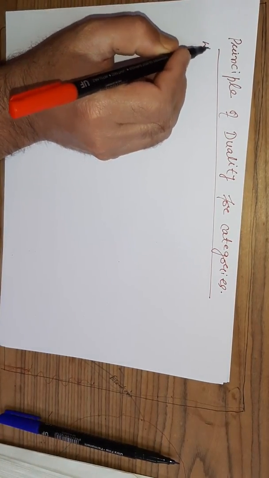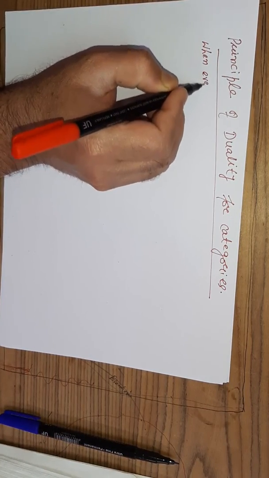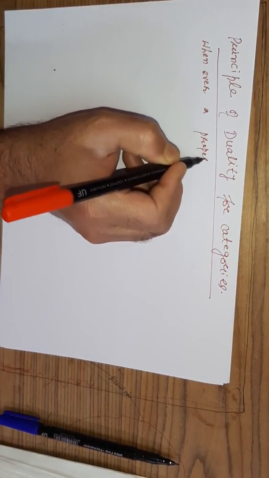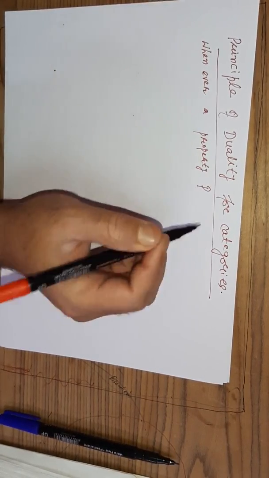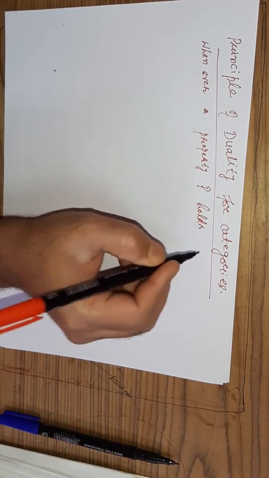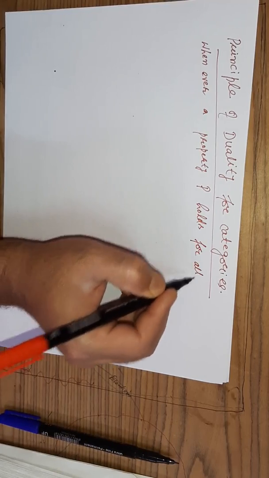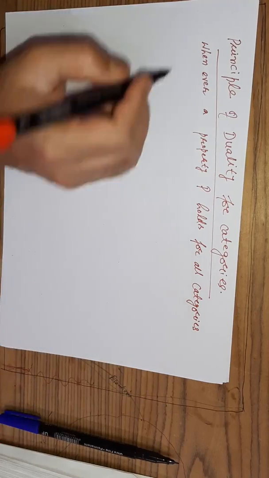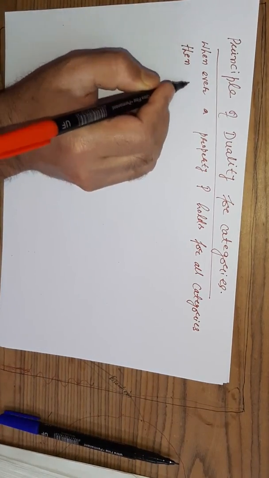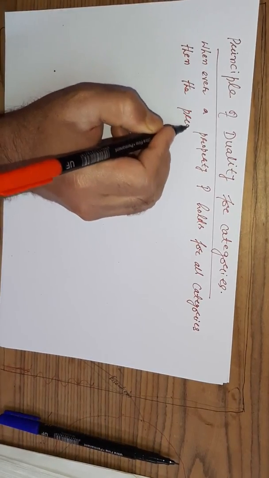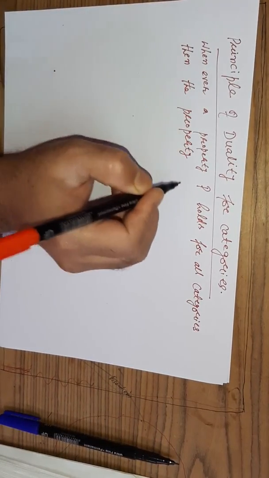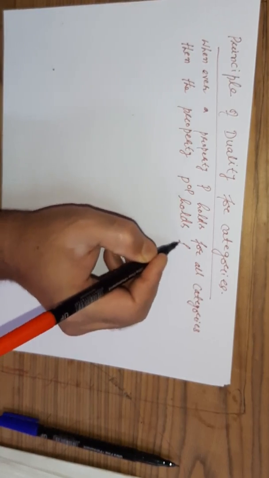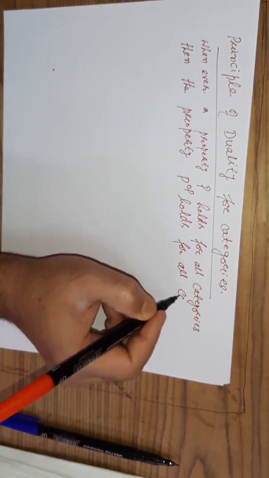So whenever a property P holds for all categories, then the property P opposite holds for all categories.